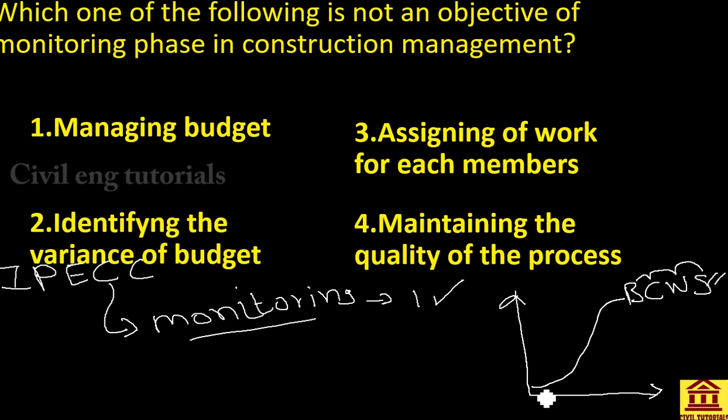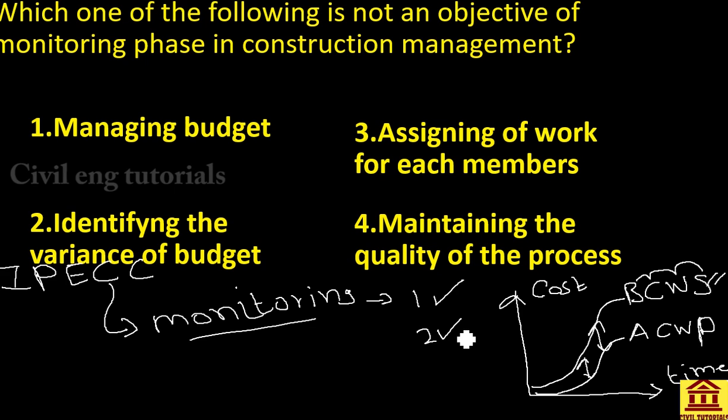Then we can draw the curve for actual cost of work done, or work performed, and we can see the variance between them. In the S-curve, this is time and this is cost, and this is our variance. So identifying the variance is also a main scope in the monitoring phase. Variance is also correct.